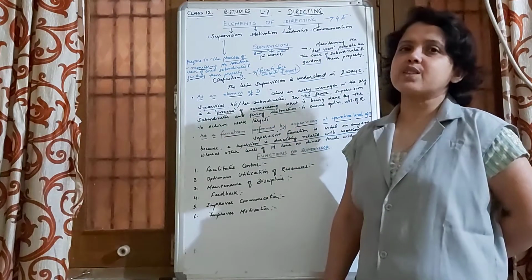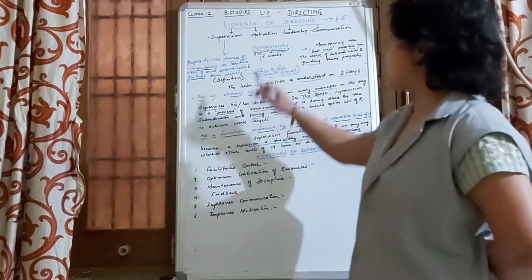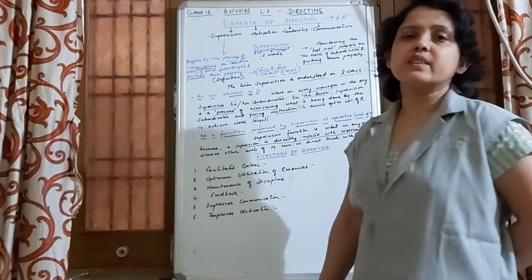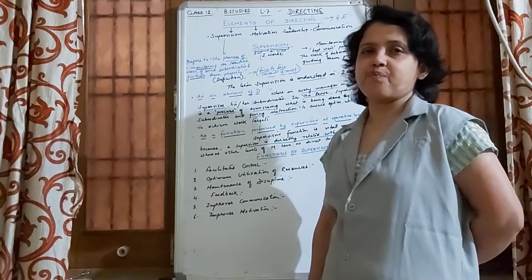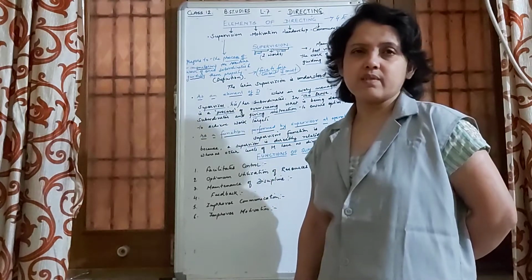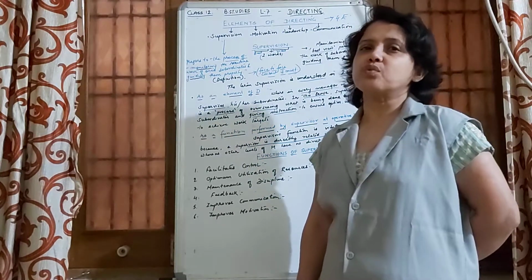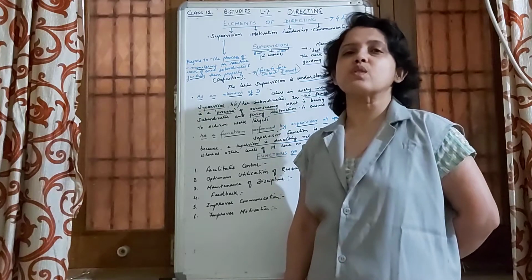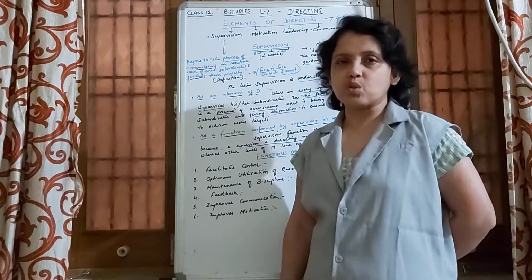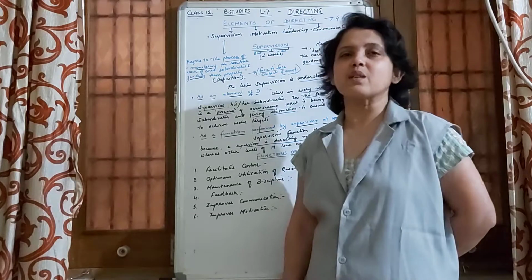So in today's lecture, we will be talking about the first element of directing, and that is supervision. What is supervision and the role of the supervisor or the functions of the supervisor, we are going to talk about today, which is there in your syllabus.